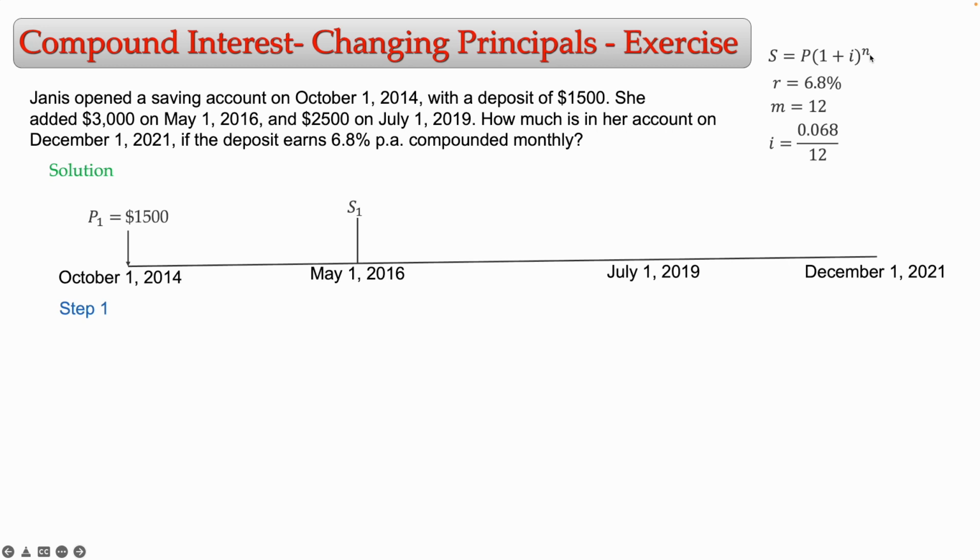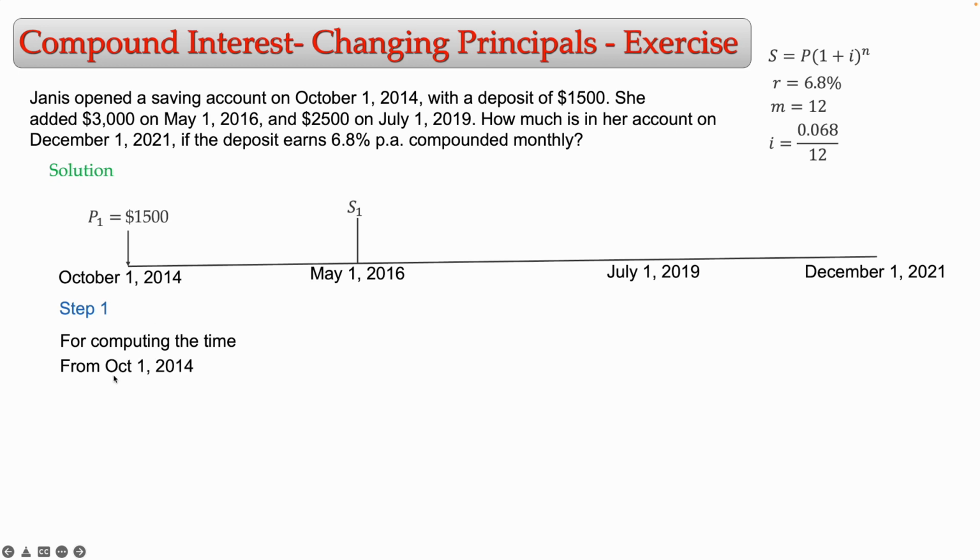How many compound periods are between October 1st, 2014 and May 1st, 2016? So we need to know the time between October 1st and May 1st of 2016.